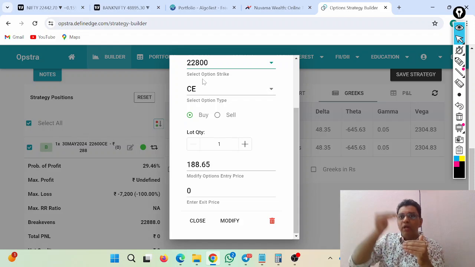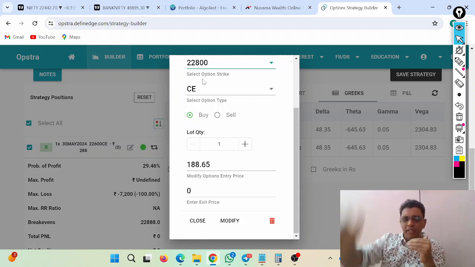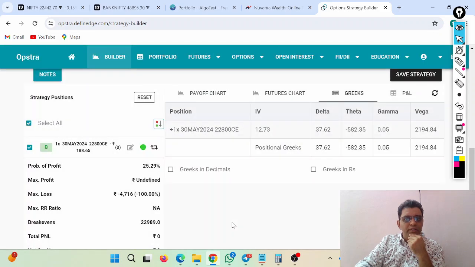The further I go out of the money, my probability of winning decreases. If you see over here, my delta is 37. So I can say my probability of winning has decreased. So there are two things. First of all, my delta is telling me the probability of my winning.